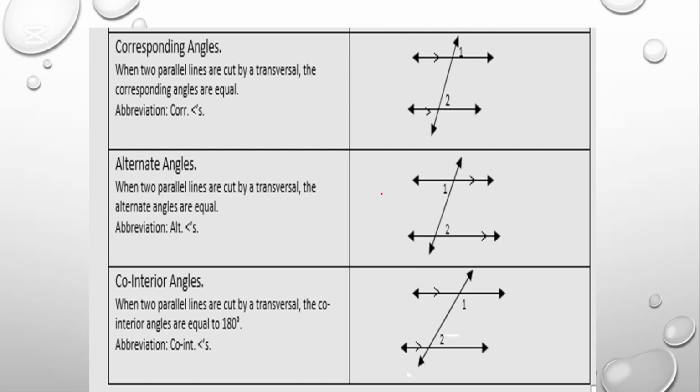Alternate angles, they are equal, but co-interior angles, when the lines are parallel, they are equal to 180. Once you have all the confidence that you know the meaning of each of these pairs of angles, then you can go to our last exercise.